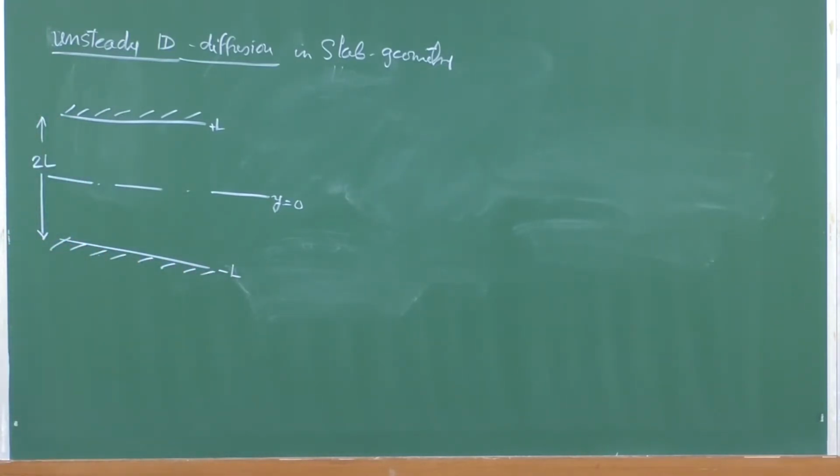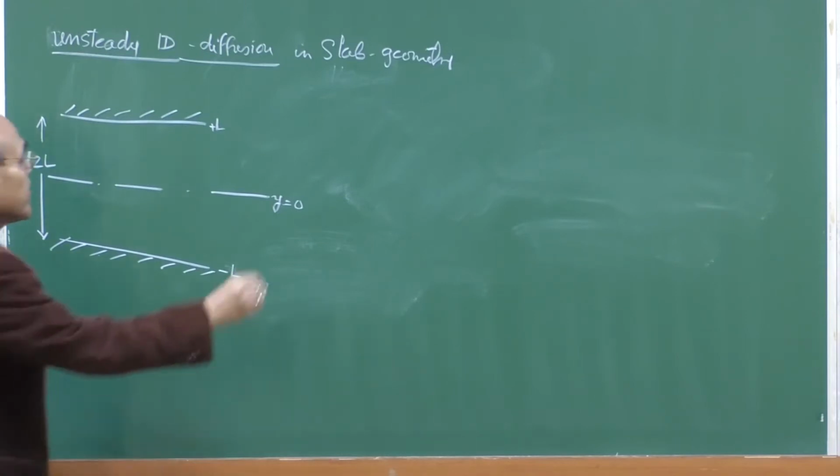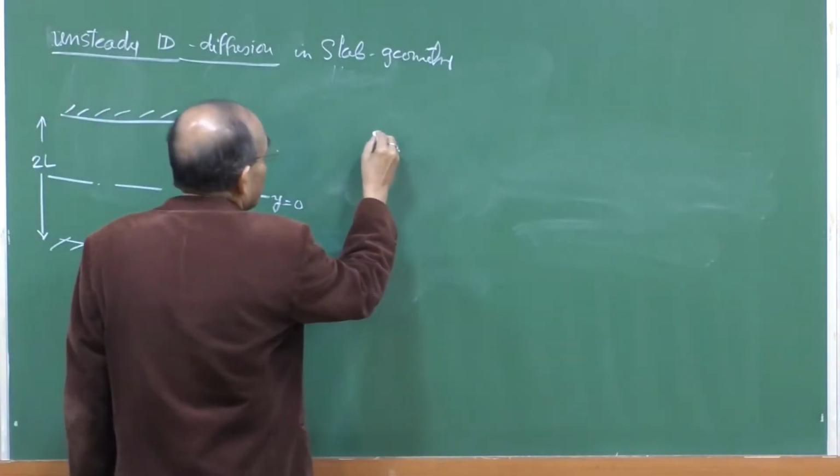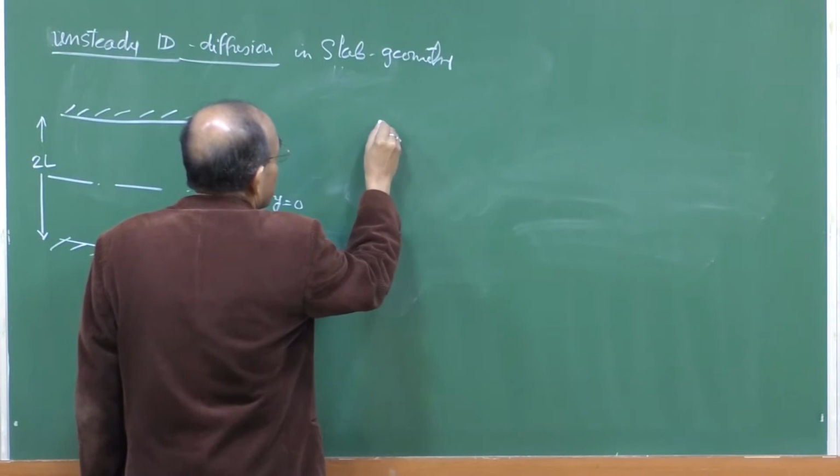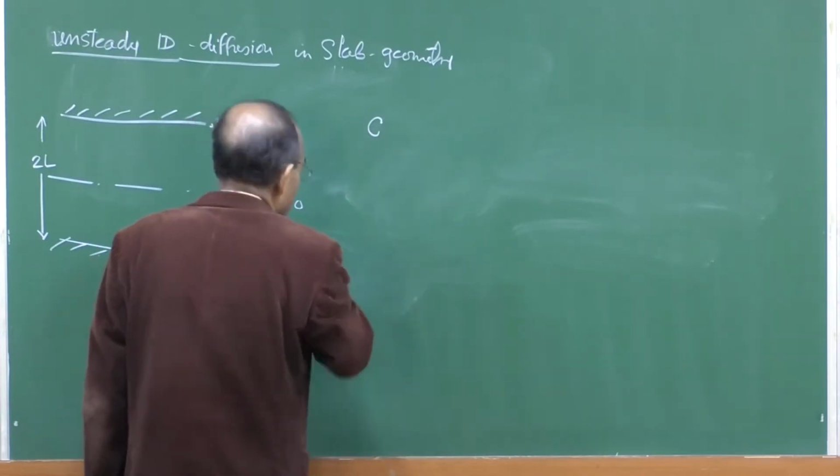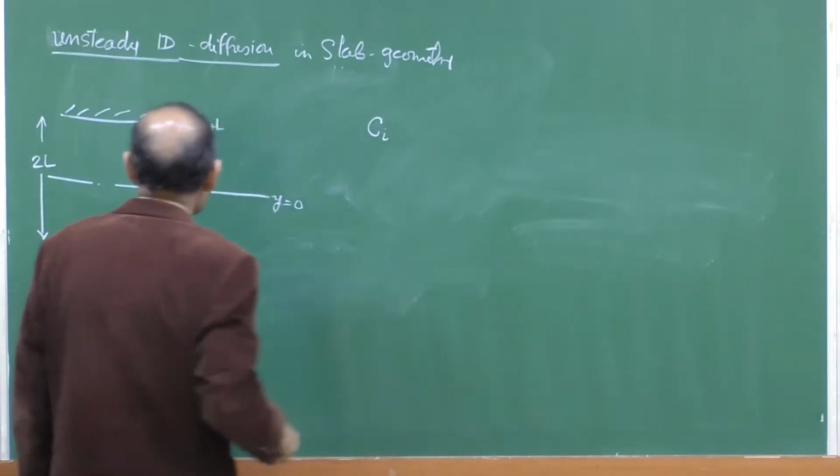And there is an initial concentration here, okay, because it is an unsteady diffusion. So, the initial field is to be given, and let the initial field be given as the concentration of the species I that is diffusing through the solid.